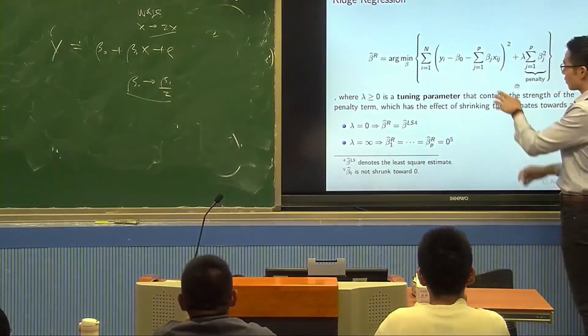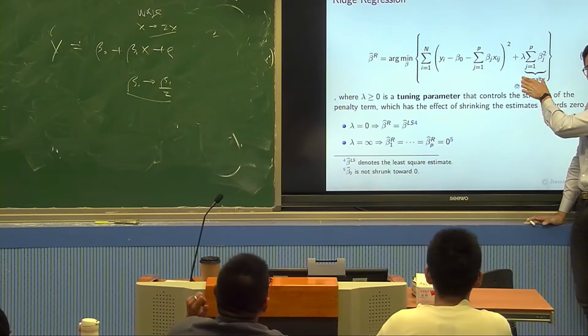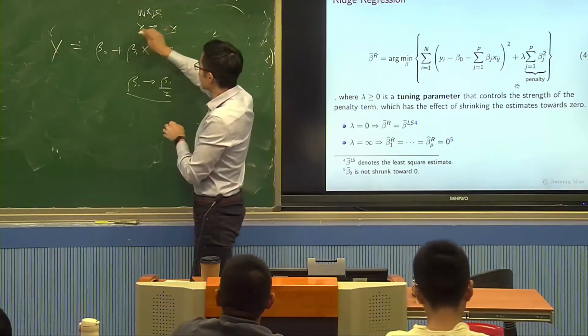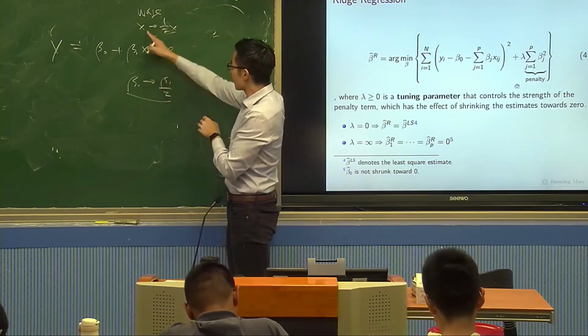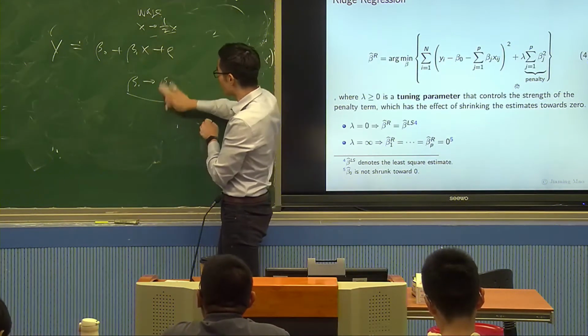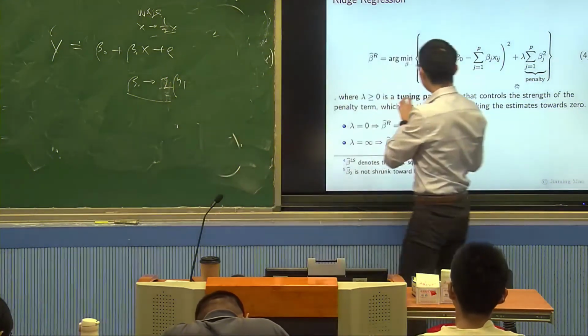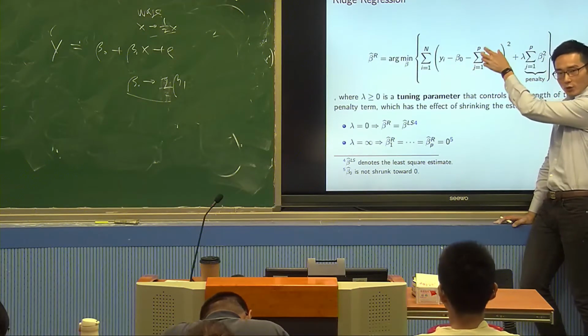Because we're not only minimizing this part, we're also minimizing this part. Suppose x becomes 1/2 x. In OLS, if x becomes 1/2 x, beta 1 will automatically become twice the beta 1. Here, if x becomes 1/2 x, does this beta become twice the size?